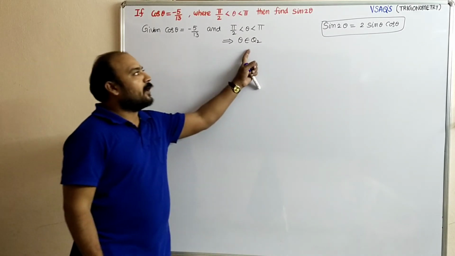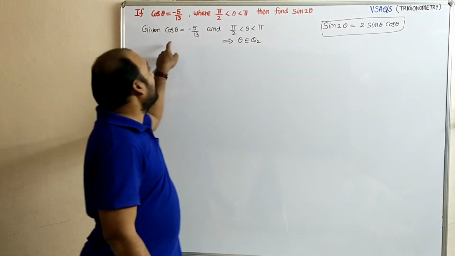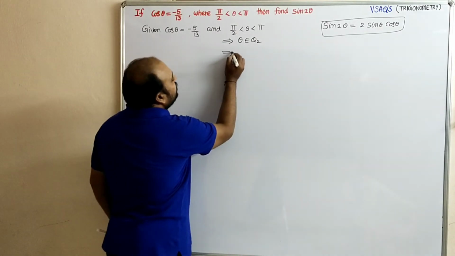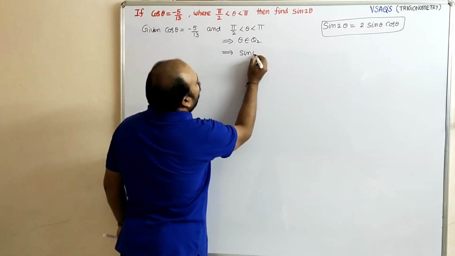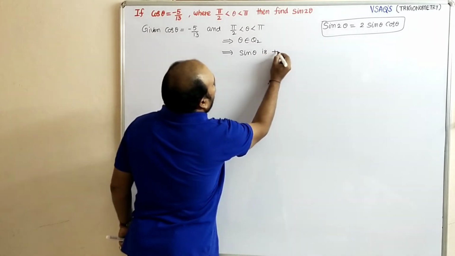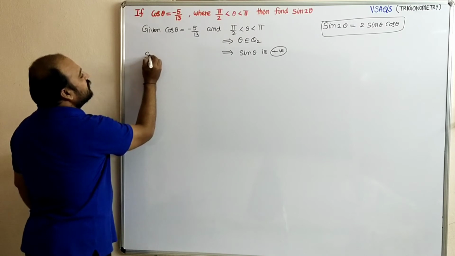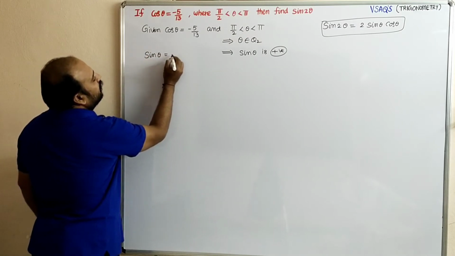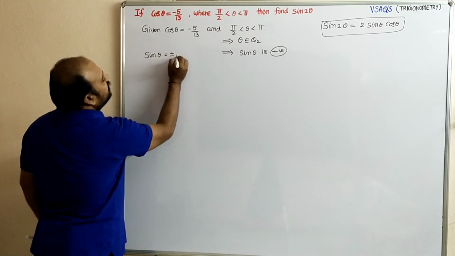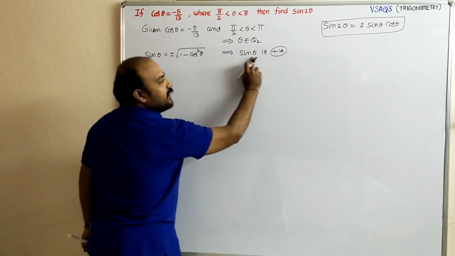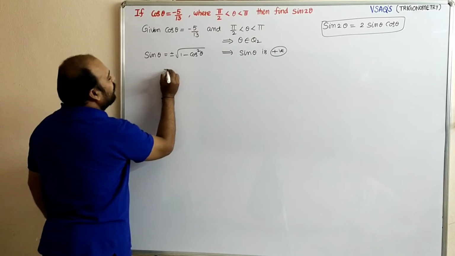Here cos theta is there, but we need to calculate sin theta also. In the second quadrant, sin theta is positive. So sin theta formula: sin theta equals plus or minus root of 1 minus cos square theta. But here sin is positive, no? You consider only plus here.